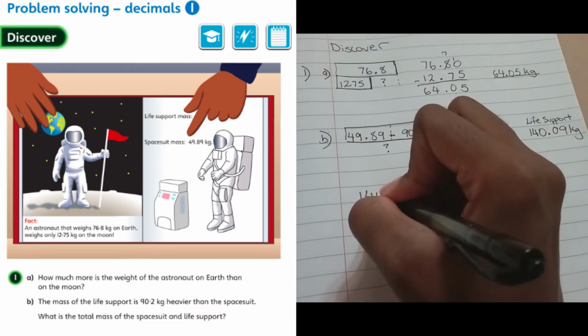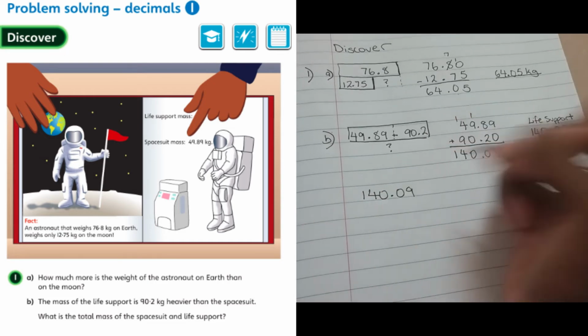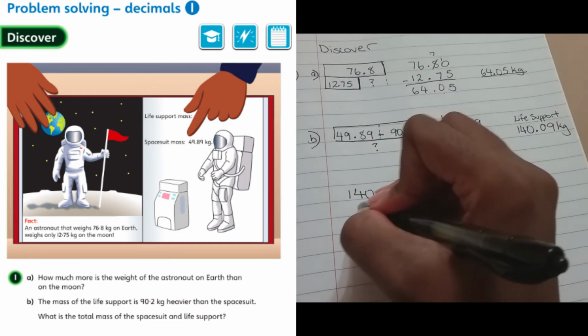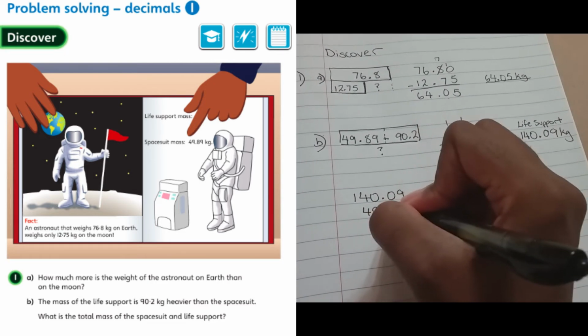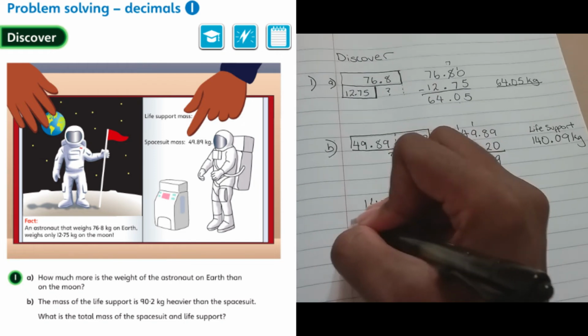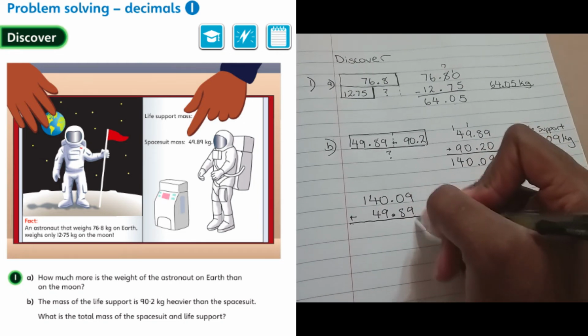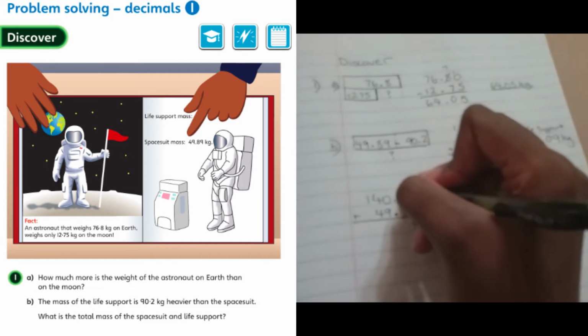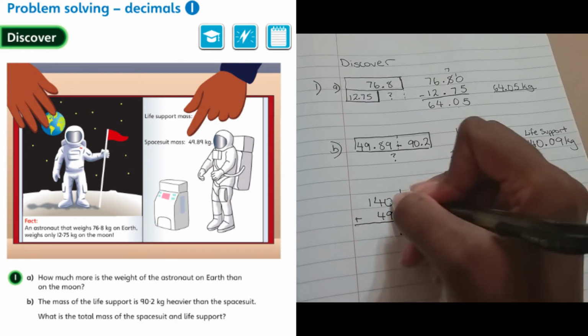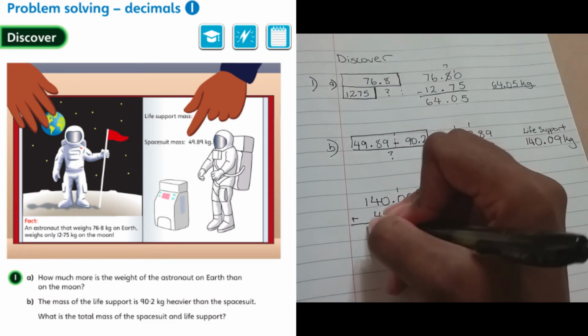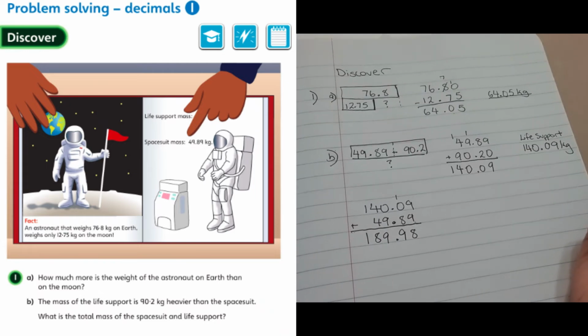So here's that life support, and the mass of the spacesuit is 49.89. Notice that I lined them up by the decimal point. 9 and 9, 18, 9, decimal point. There we have it.